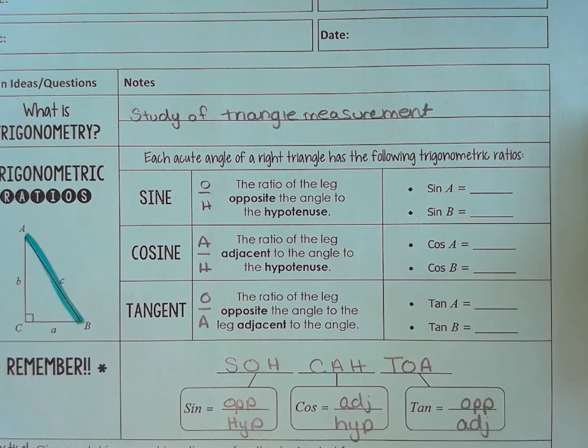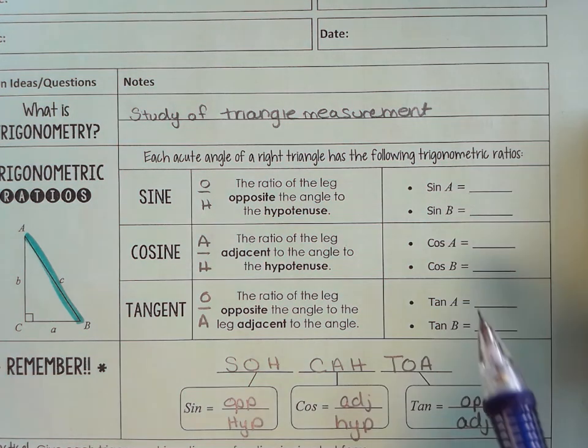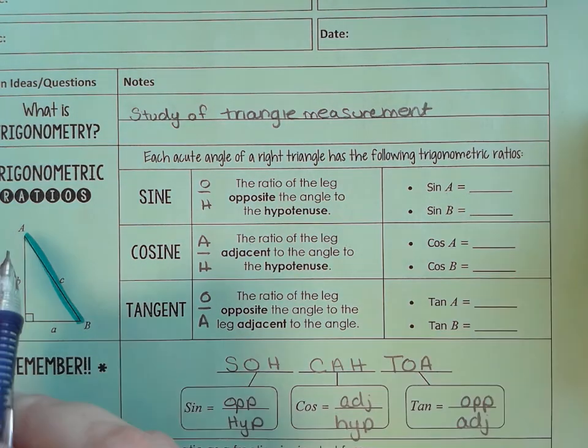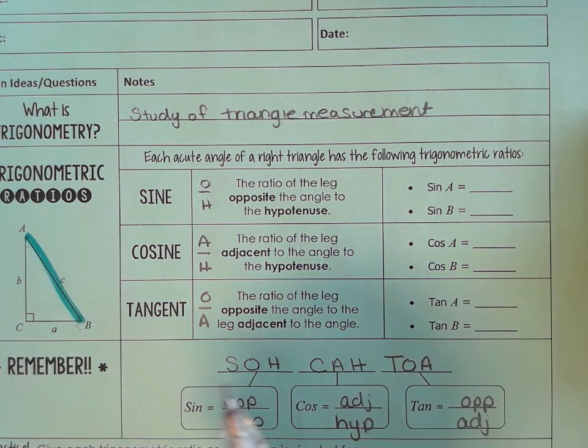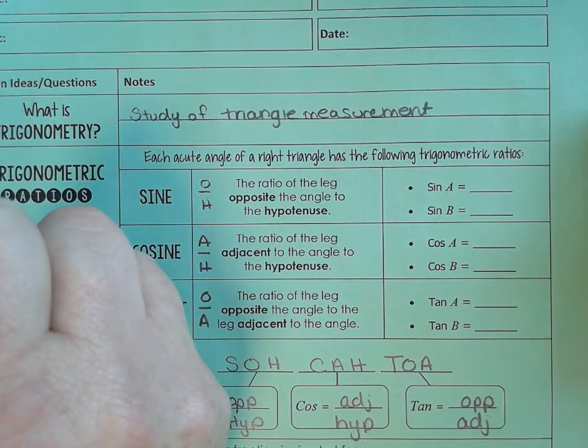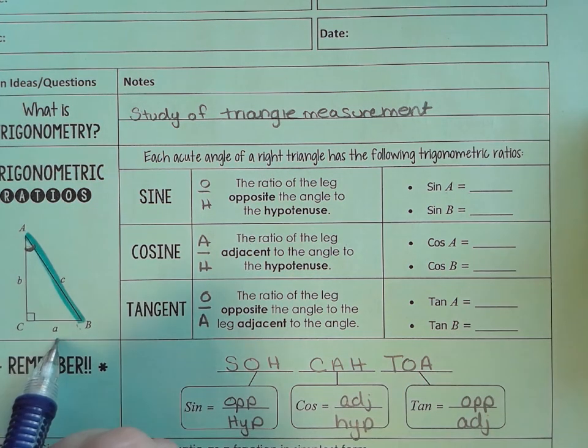So the first thing you have to learn how to do is to be able to do sine depending on which angle you're using. So we have A and B, which are the two acute angles in a right triangle. If I was using A, this side right here would be my opposite, and this side right here would be my adjacent.